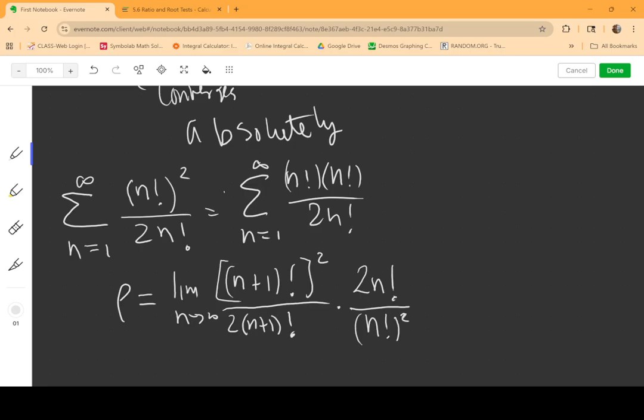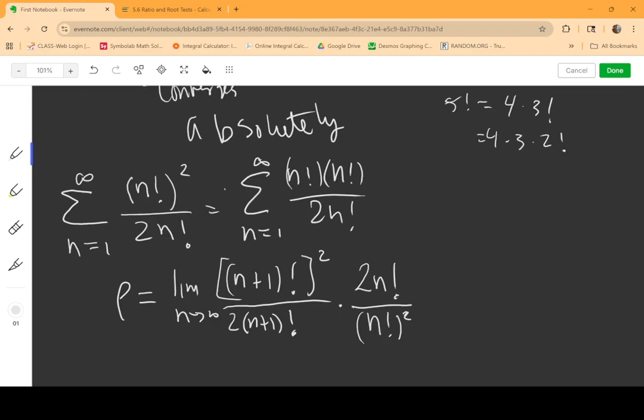Okay, so here is where our knowledge of working with the factorial is going to come in handy. So remember, 5 factorial is 5 times 4 times 3 times 2 times 1, etc. But you can also stop along the way and write it as 5 times 4 times 3 factorial, or 5 times 4 times 3 times 2 factorial. So just keep that in mind. These are all representations of 5 factorial.